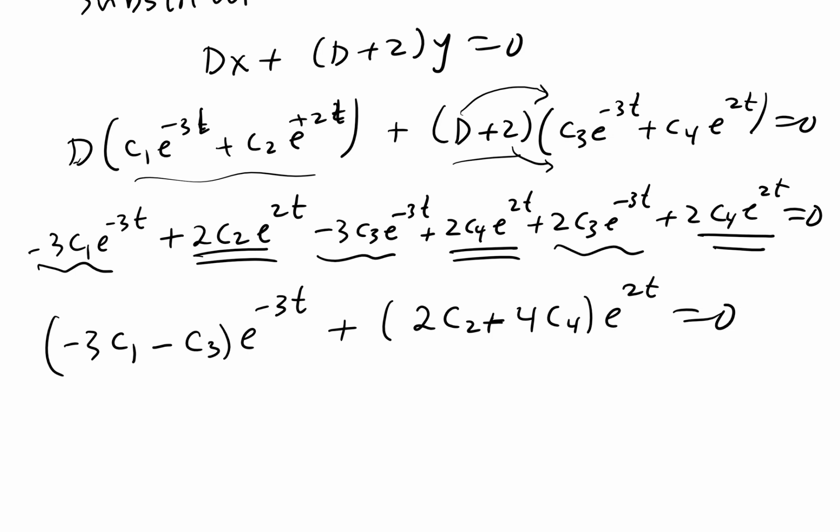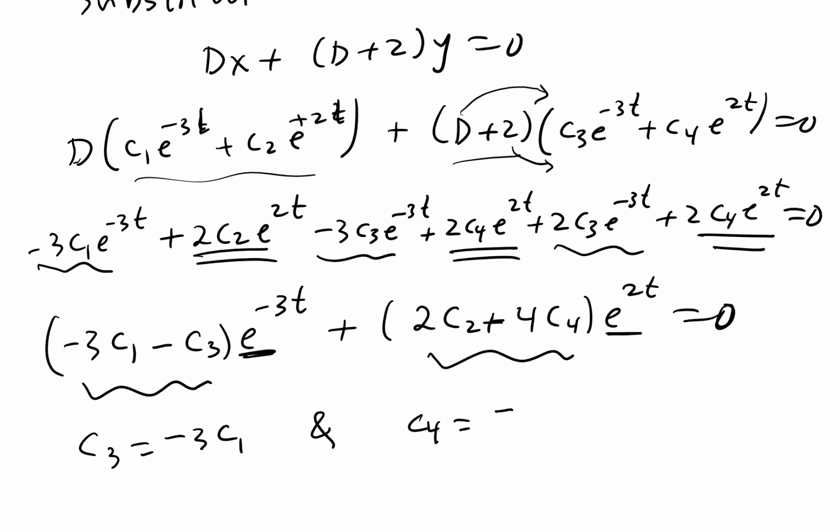Then we can solve. In order for this to be 0, we know that the e's are always positive. So in order for this to be 0, the parenthesized quantity for each must be 0. So C3 is negative 3C1, and here we solve for C4. C4 is negative 2 over 4, which is negative 1/2 C2.